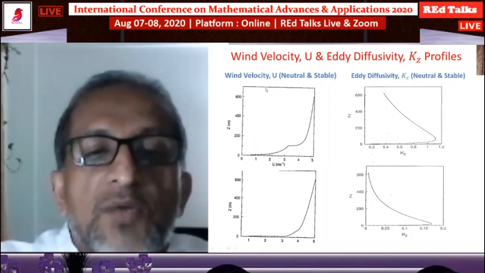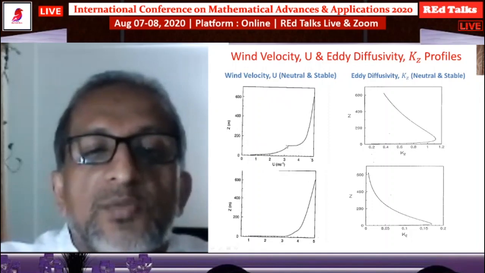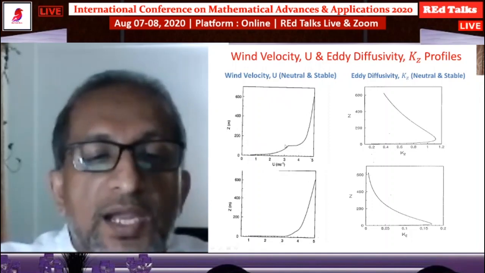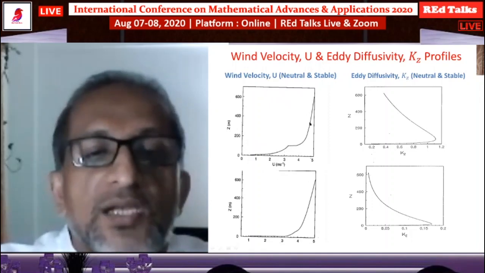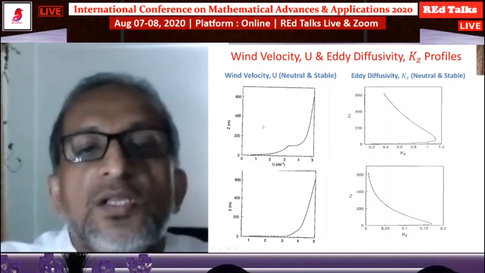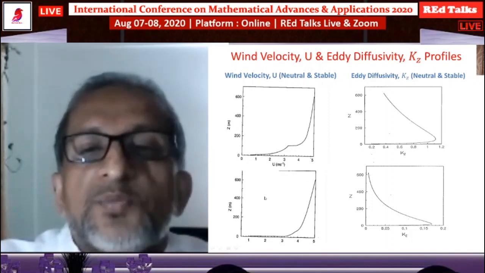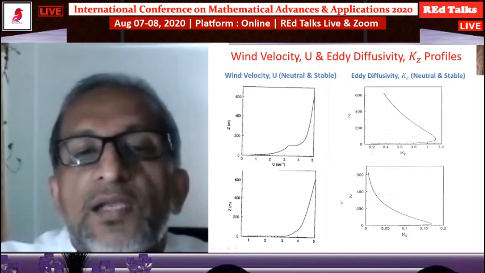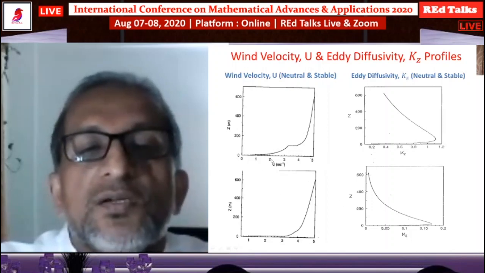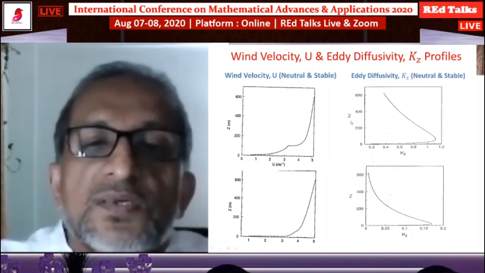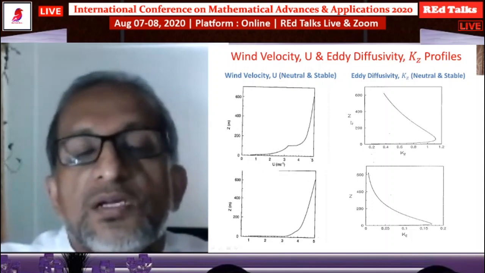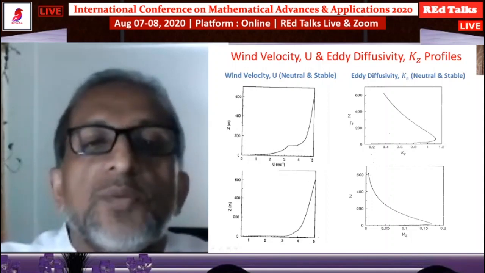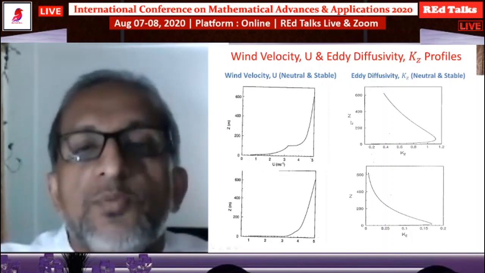So we have a power law, a logarithmic law and a power law, this for the neutral and this for the stable condition. These are all experimentally found functions of z, and they go into the partial differential equation as the input.